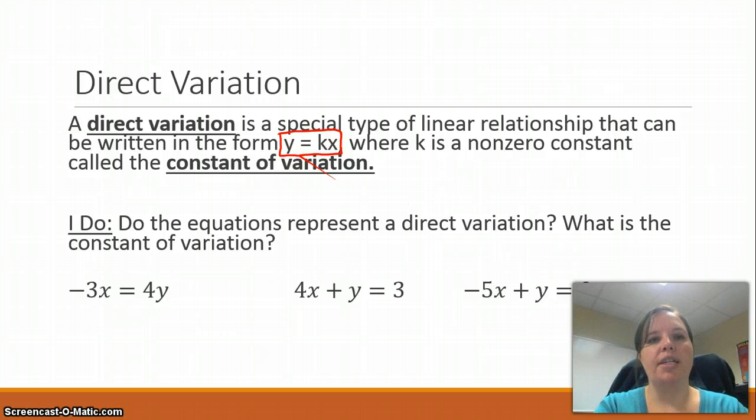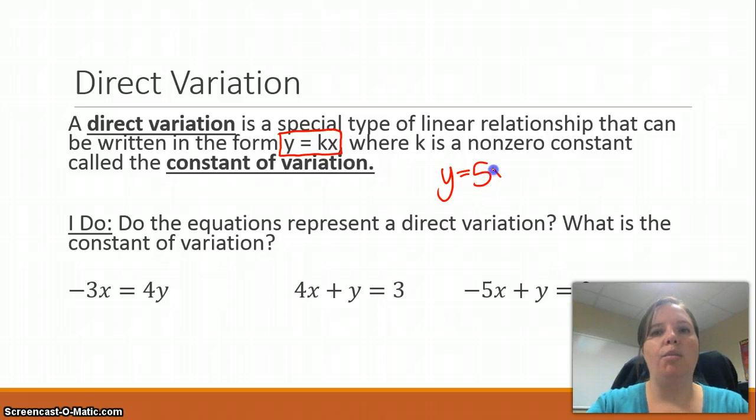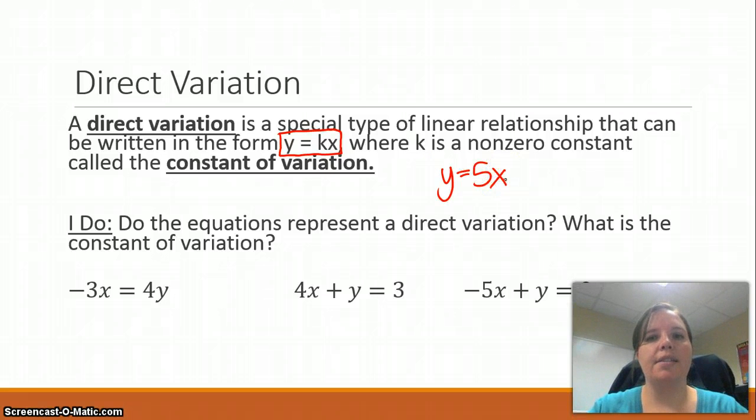K is non-zero, and it represents what we call the constant of variation. So with our previous one, y equals 5x, the equation is a direct variation, and the constant of variation is 5. It's basically the number that tells you how x is related to y.